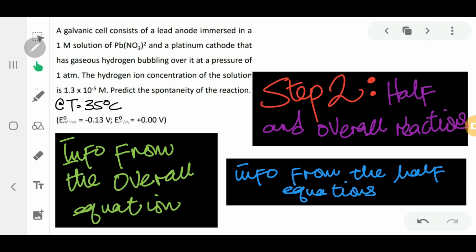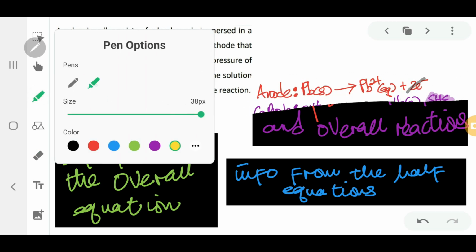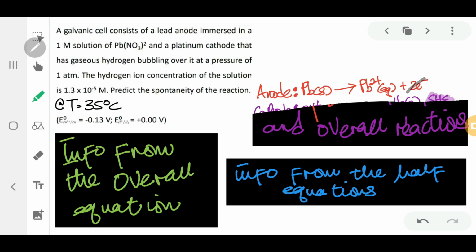Moving on to step number 2. Again, we need to find out the half and overall equations. The anode, as you have been told, is a lead anode immersed in 1 molar solution.